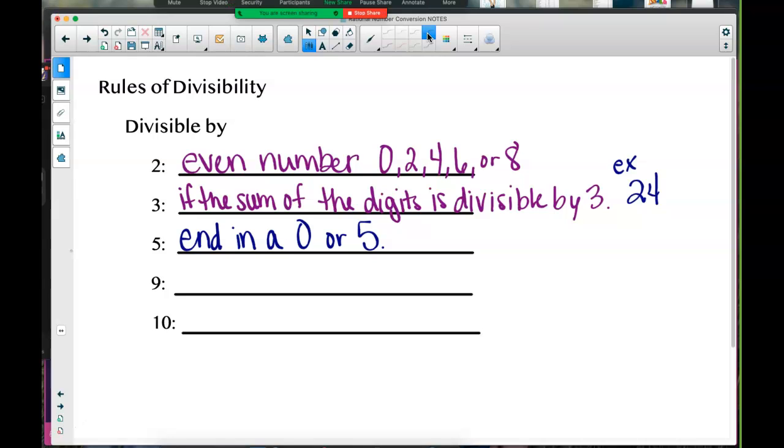Okay. 9 is kind of like 3. If the sum of the digits is divisible by 9.